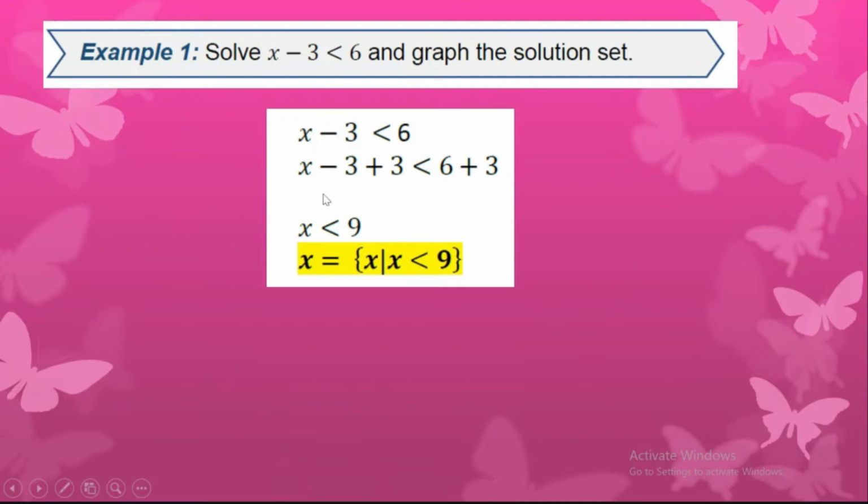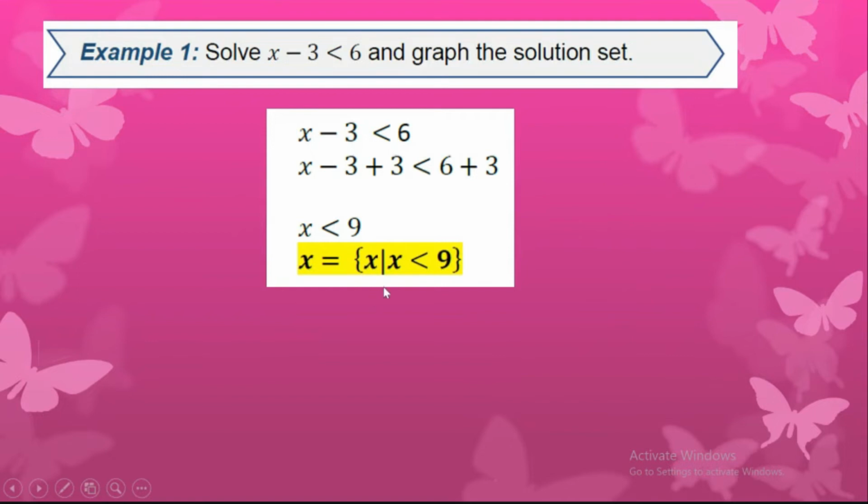Now to solve for the solution set of x, we have to get rid of this minus 3. And that is simply done by adding 3 to both sides of the inequality, like solving linear equations in one variable. So negative 3 plus 3 now is 0. So we now have x is less than the sum of 6 and 3, which is 9. Therefore, x is less than 9.